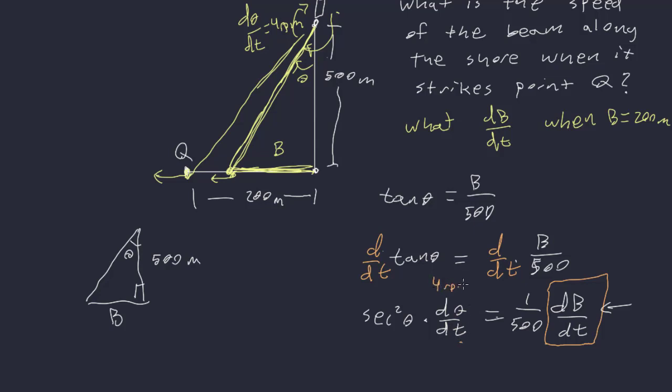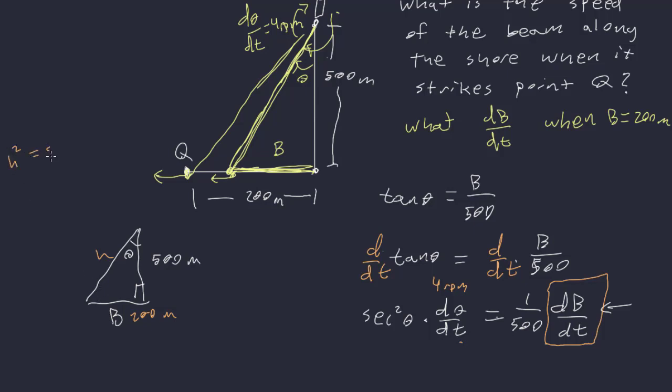Now, we're going to need to change that to radians per minute. So we will need to convert that to radians per minute, mainly so we're not worried that much about units being introduced. Okay, and then we need to find secant. So we can find secant from the fact that we're really looking at a 500 by 200 triangle, and we can find the hypotenuse using the Pythagorean theorem.